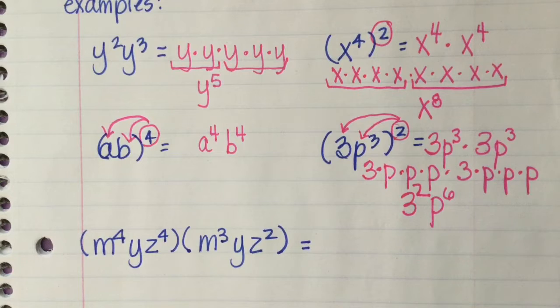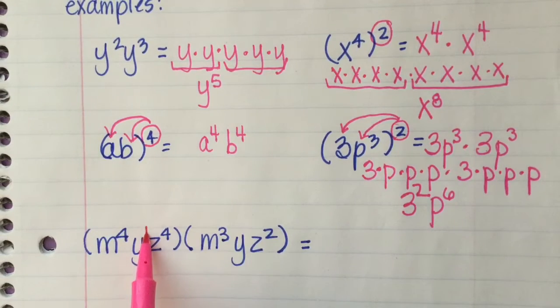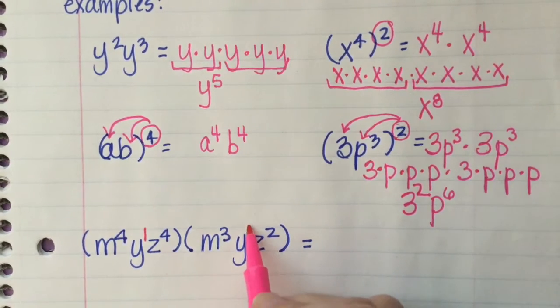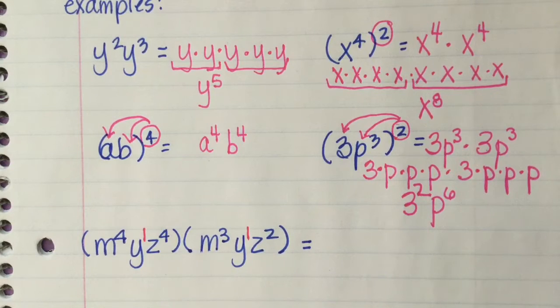So this is just saying I have m to the 4th, y to the 1st, right? If there's no exponent, that means there's 1, z to the 4th, and I'm multiplying that whole thing by another set of them, m to the 3rd, y to the 1st, z squared. So I'm going to write this whole thing out in expanded form, and then I'm going to simplify what I've got.